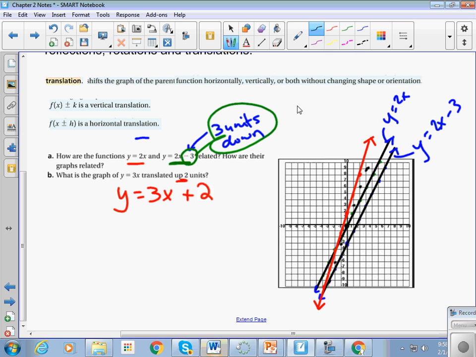So it's that same line, just parallel. We have our original one, and then our translated one is 2 units up from that.